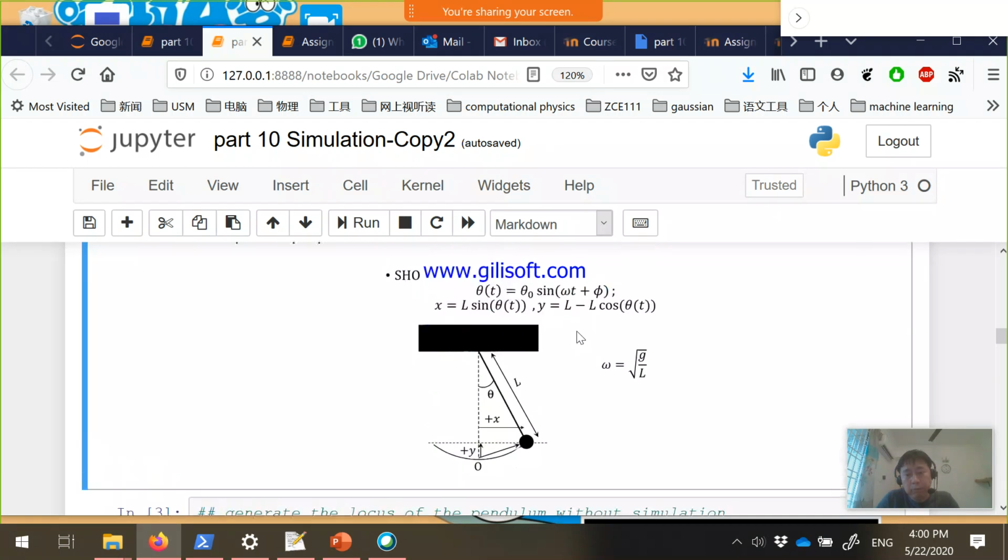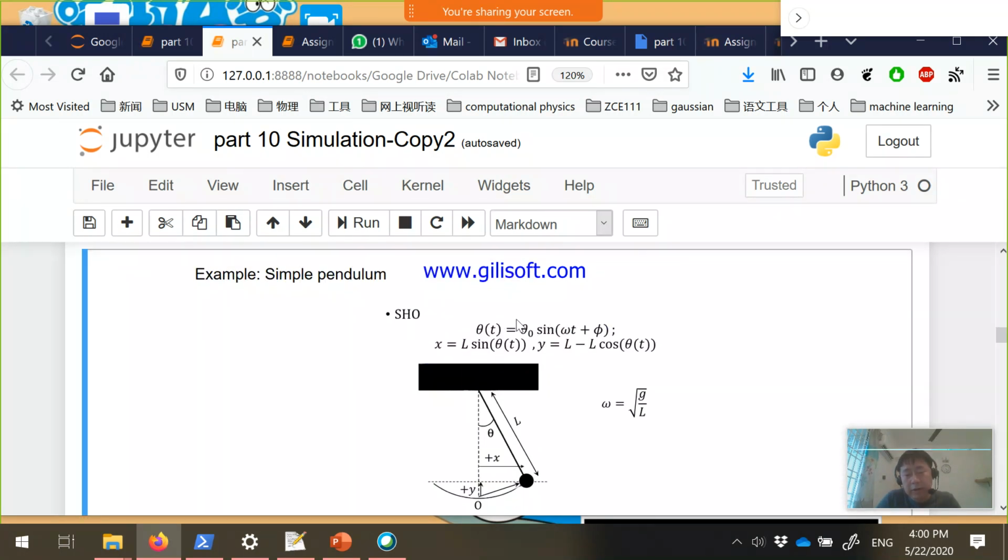Now the most important thing is you have to understand each of the symbols. If you don't understand the meaning of each symbol, then you will not be able to understand the physics. Okay, so theta refers to the angle of the pendulum with respect to the normal. The normal here refers to the vertical line, and theta is the angle. The angle changes with time, and the maximum angle that it could displace is theta naught.